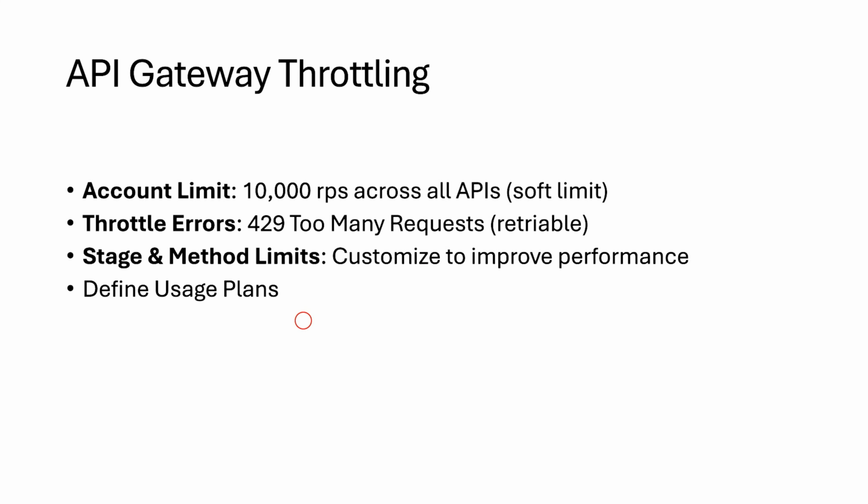If one customer is overloading one API, it can affect the performance of other APIs also. One customer is accessing one API 10,000 times per second, and nobody can access the other APIs, or other clients cannot access the same API. So it's better to define a usage plan. In that plan, you define the customers and customer level throttling so that you can control how many requests can go through a particular API.